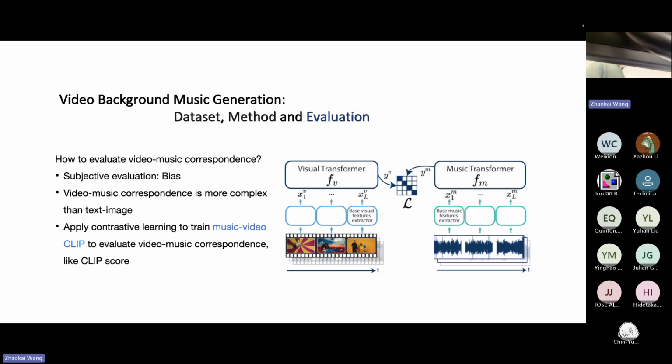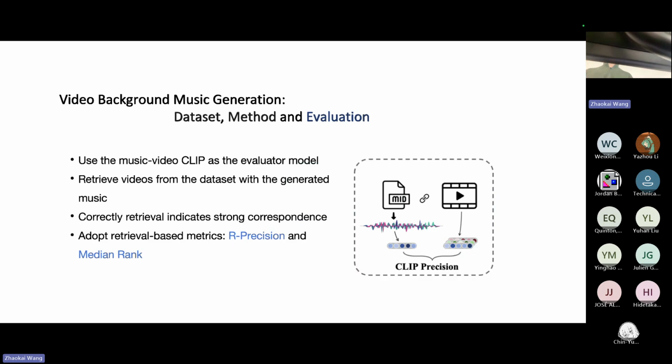And finally, for the evaluation, we want to design an objective metric for video to music correspondence. We follow the design in text to image generation, where there is CLIP precision. In video to music, we think it is similar. So we train a music-video CLIP, also using contrastive learning, to achieve a similar CLIP precision in this area.